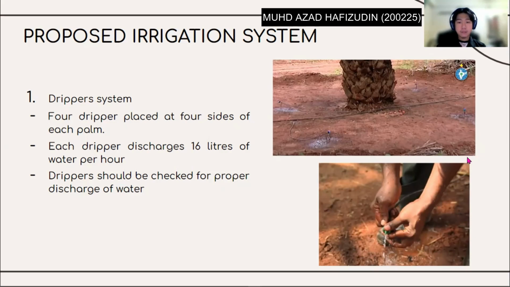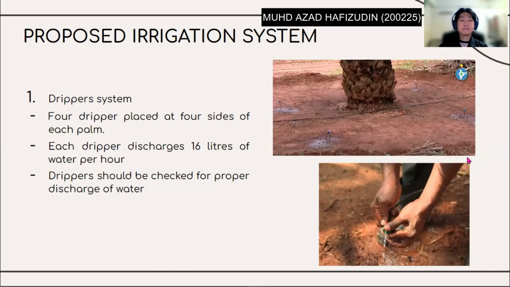We can see in the first picture there are four drippers at the four sides of each palm, right? Each palm discharges 16 liters of water per hour, which means that 4 to 5 hours is sufficient for the palm. And the drippers should be checked for proper discharge of water. If the dripper has not been maintained, it will affect the palm production.